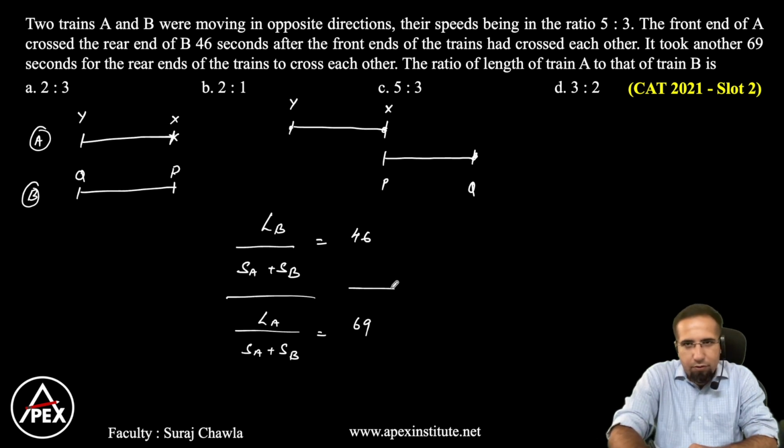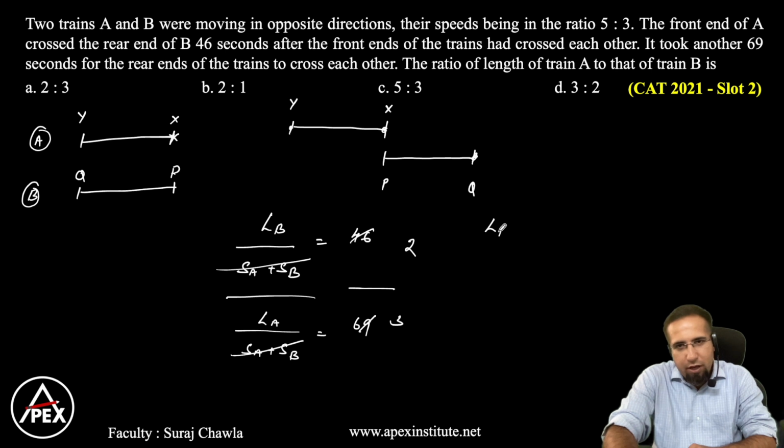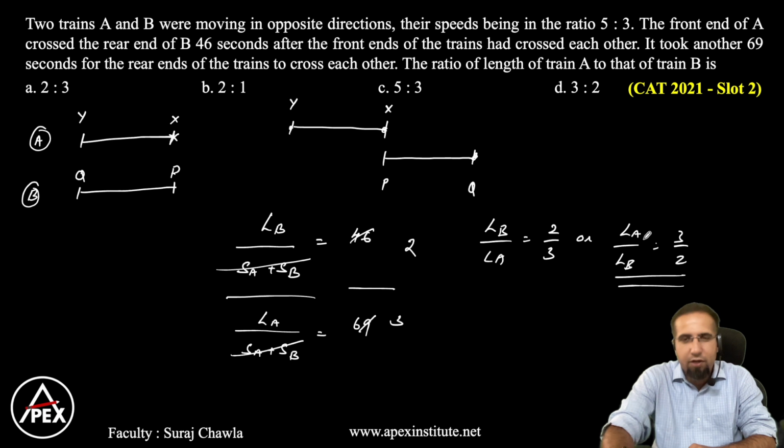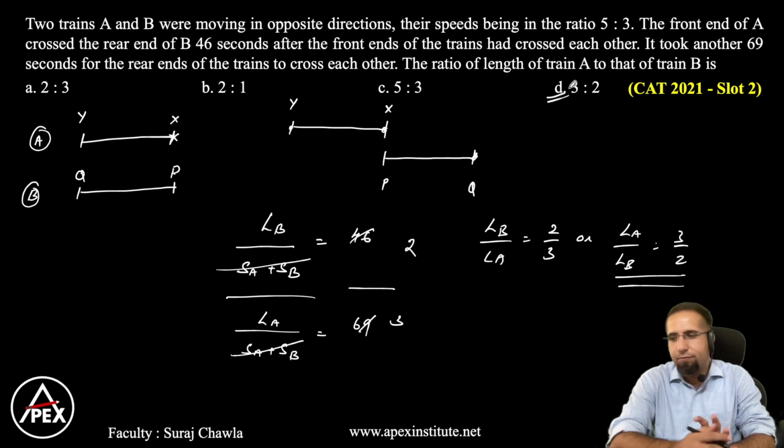So length of A to length of B. So this gets cancelled. So eventually what do we have? This is 23 2s and 23 3s. So we have LB by LA is equal to 2 by 3, or we want LA by LB. So LA by LB eventually becomes 3 by 2. So therefore 3:2 becomes our required answer.